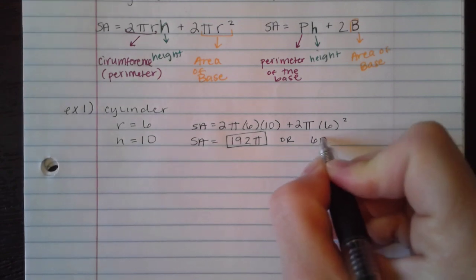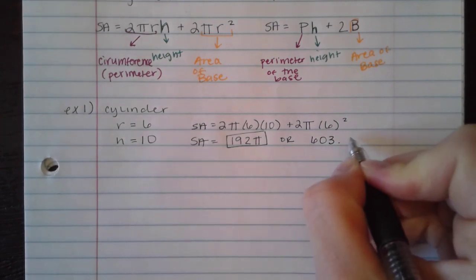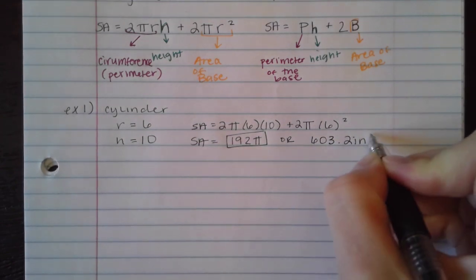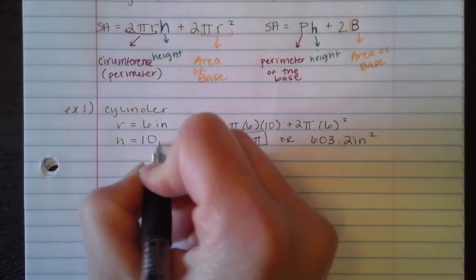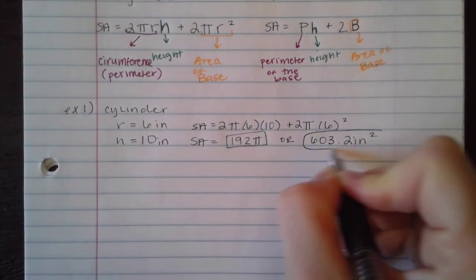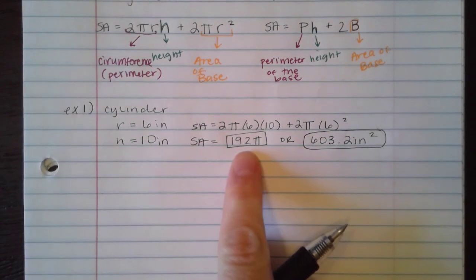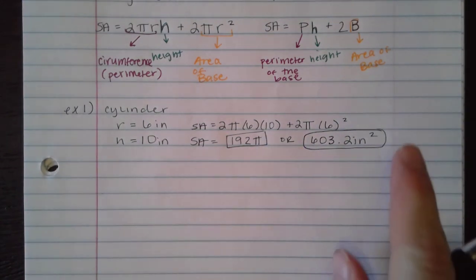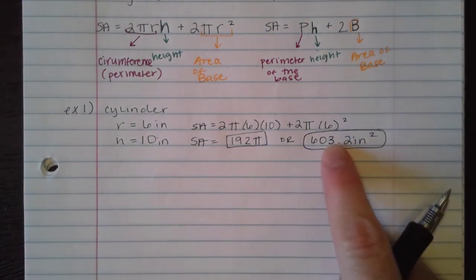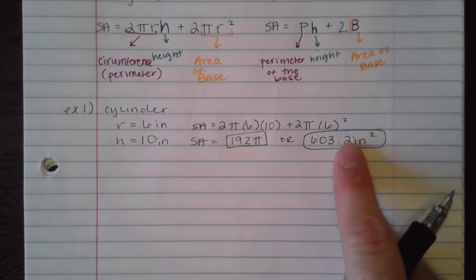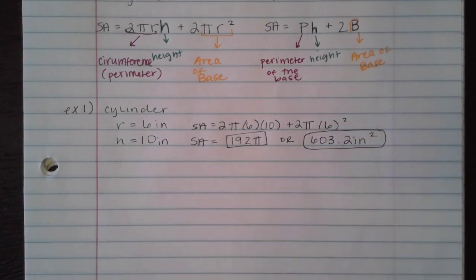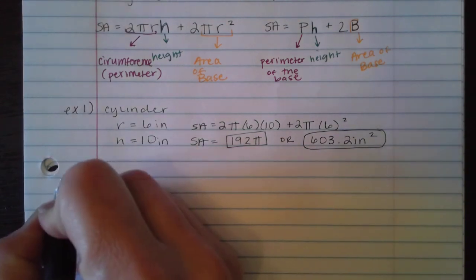And 603.2-ish inches squared, because I forgot to put units. Inches squared. So if I asked for exact, you'd give me the answer with pi. If I asked for rounded to the nearest 10th or 100th, you'd give it to me in decimal form. Let's try another example.